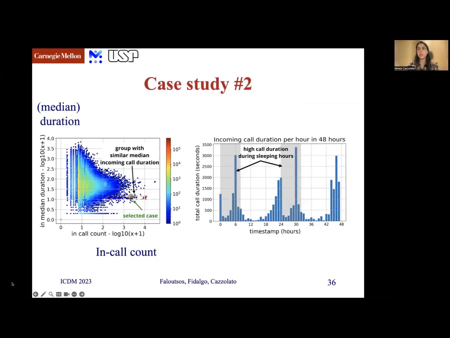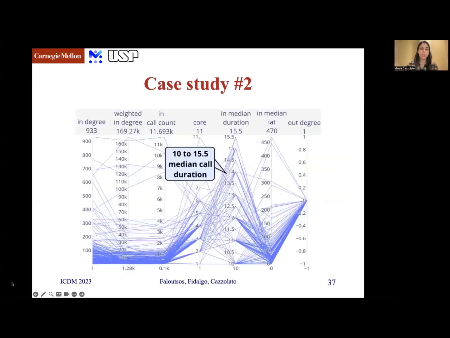So we selected one of these numbers, the red star, and we saw that this number was receiving lots of calls during sleeping hours, with a sum of high incoming duration. So this is very suspicious. Why would these numbers receive lots of calls during sleeping hours, and the sum of these durations is very high for these periods?